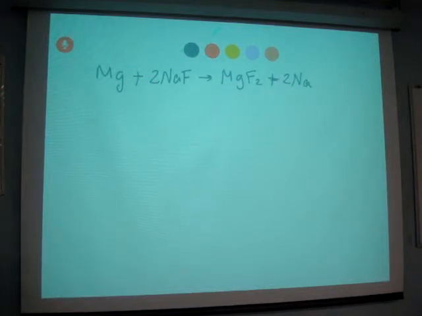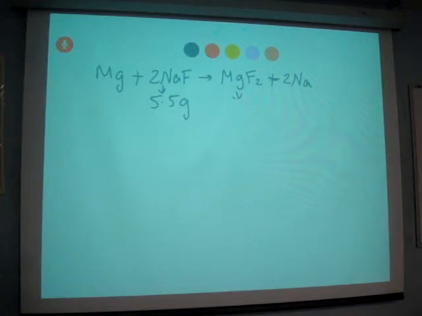Now here it is saying if you start with 5.5 grams of sodium fluoride, you need to find out how many grams of magnesium fluoride you get. So I'm going to write just a question mark.